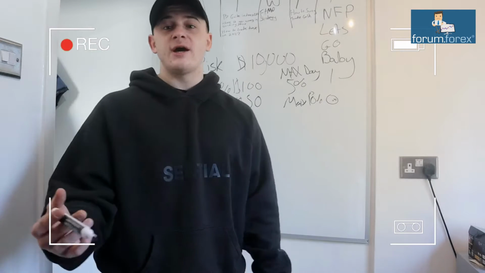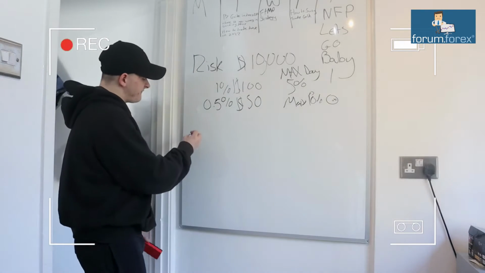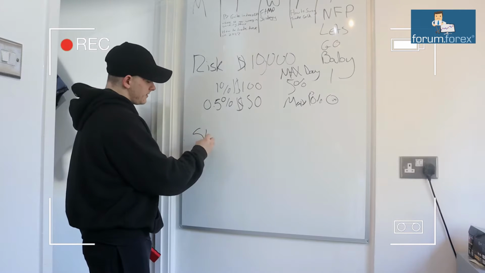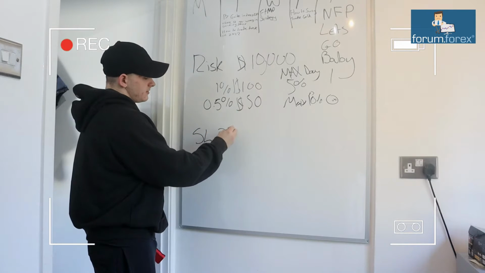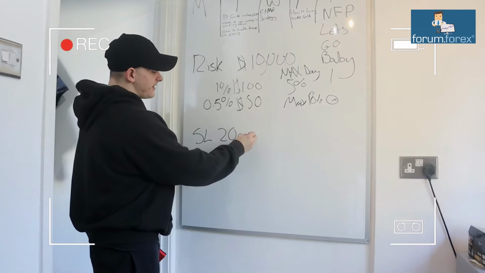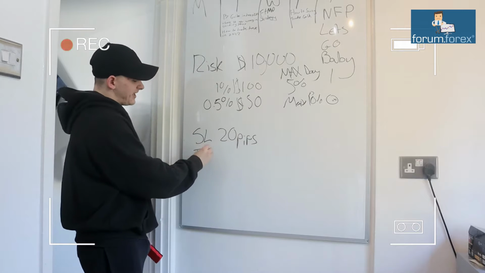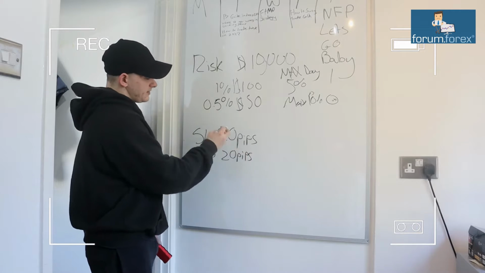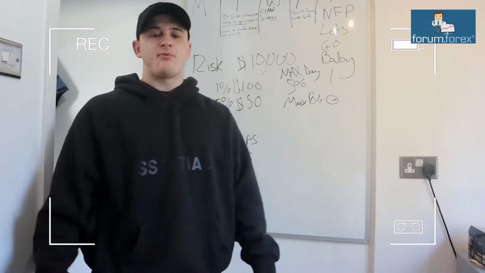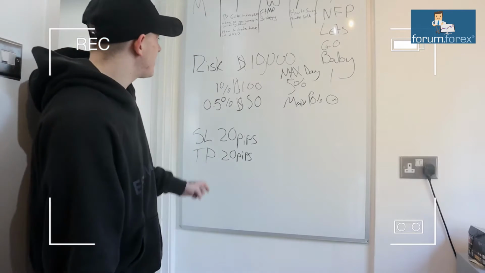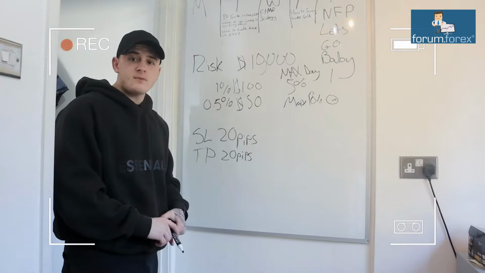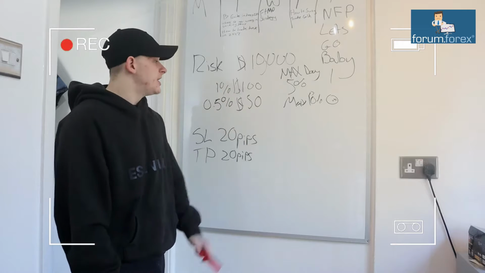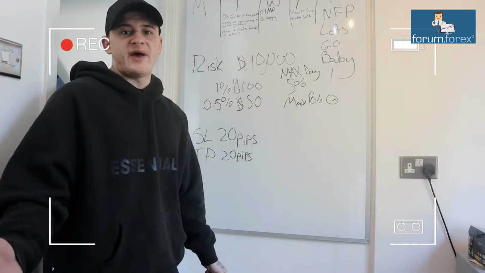Let's say your SL is 20 pips. So this is another thing, your stop loss is 20 pips, and your take profit, which is TP, is 20 pips. Now, 20 pip SL, 20 pip take profit. On the risk management calculator, going back to this, to actually get the correct measurements, you would put in the pair that you trade.